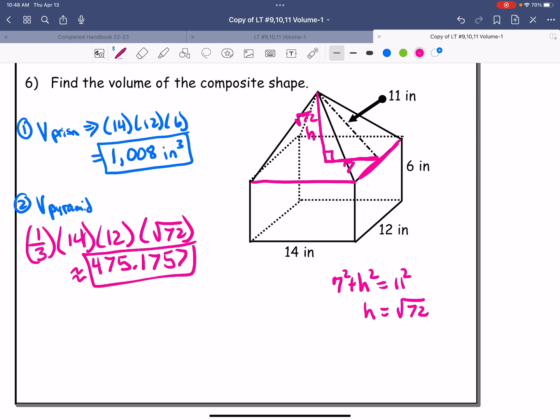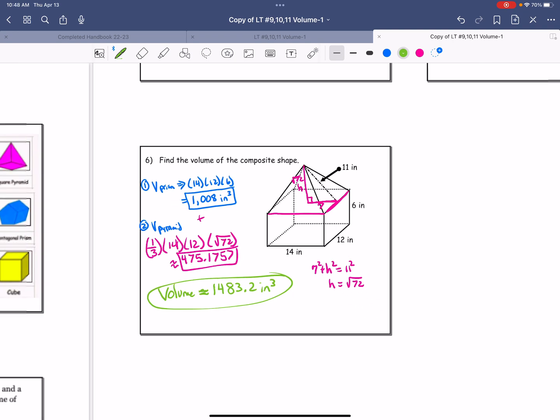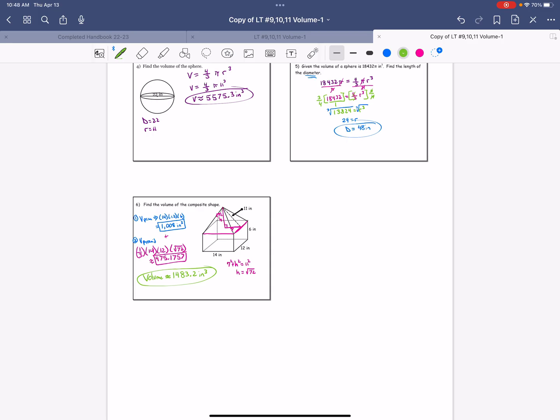And then I add that to the 1,008, and I get that my volume is 1,483.2 inches cubed. About. And that's all for this lesson. Thanks.